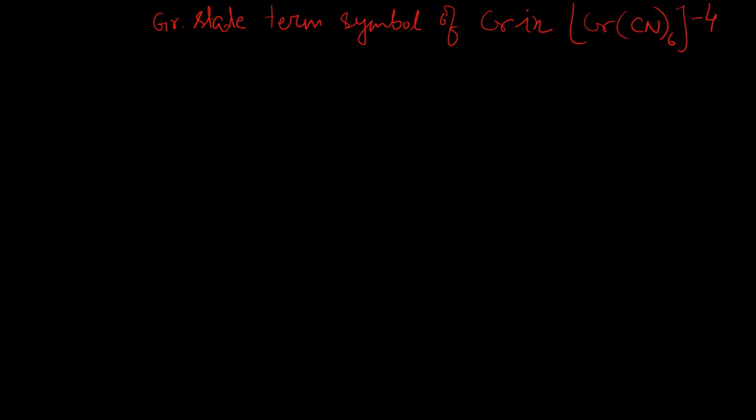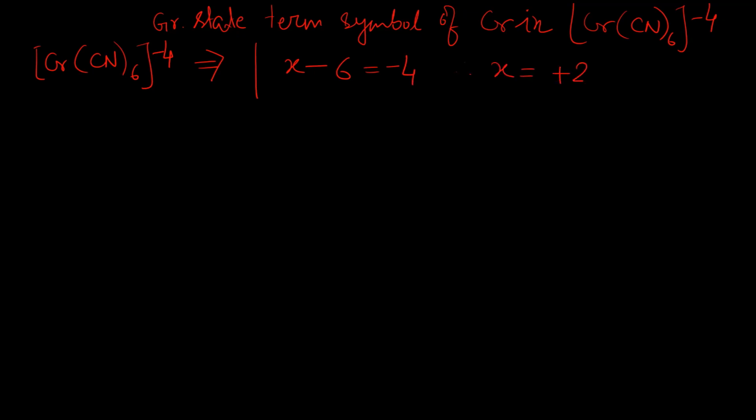First of all, we need to know the oxidation state of chromium in this ion. If we determine that: X minus 6 equals minus 4, so X equals plus 2. Chromium is in the plus 2 oxidation state.